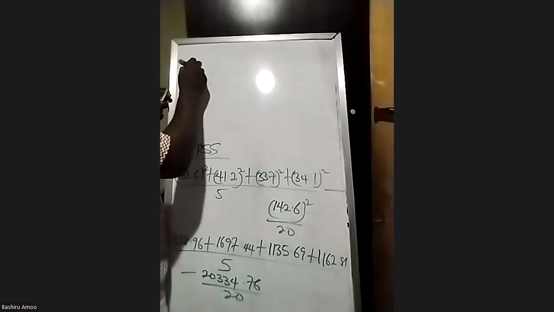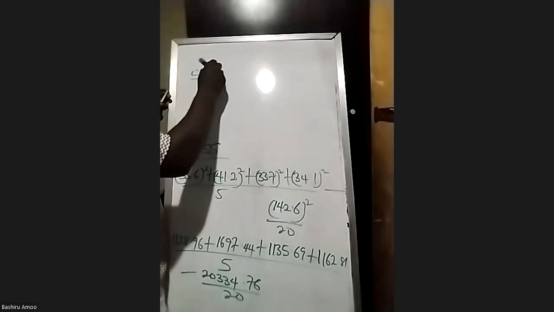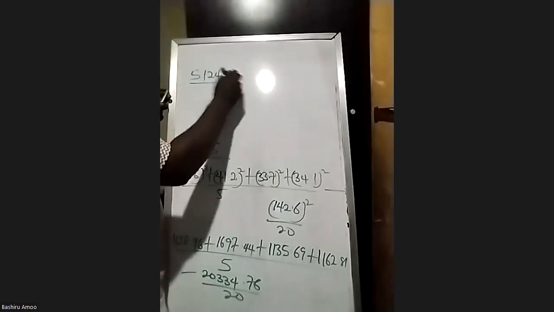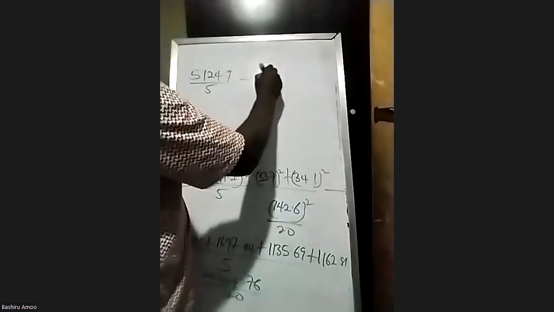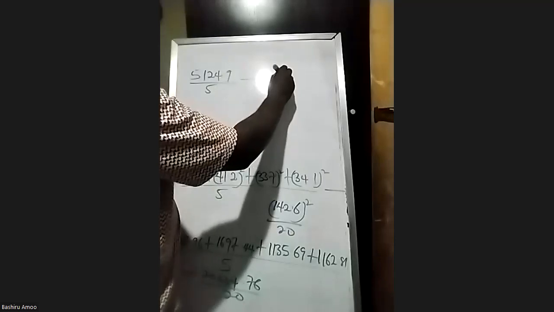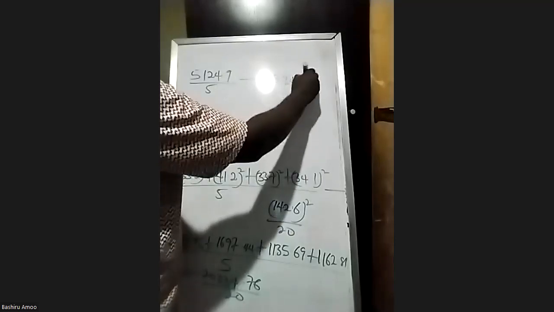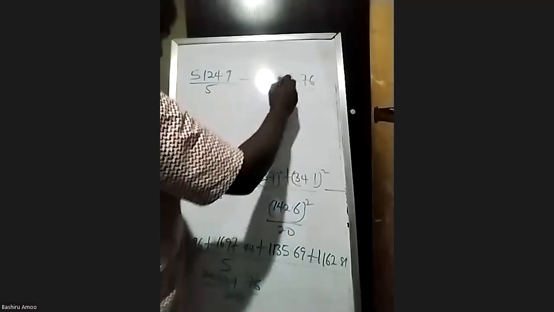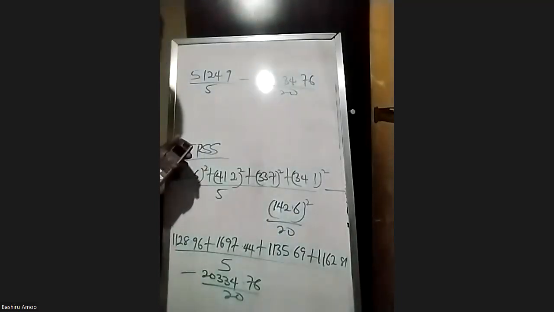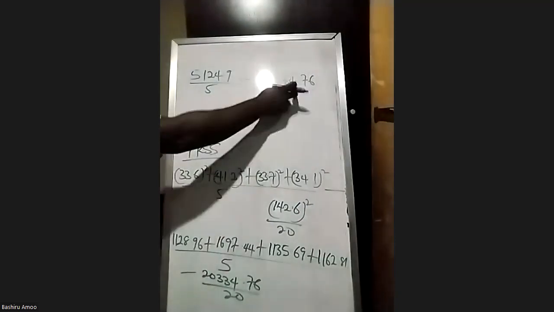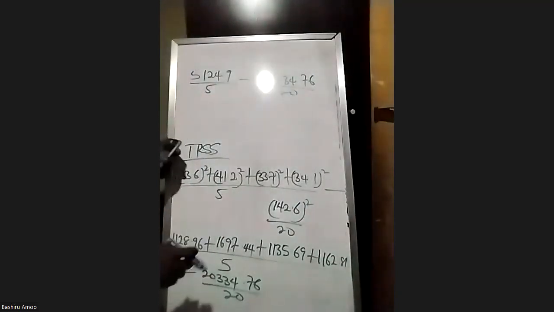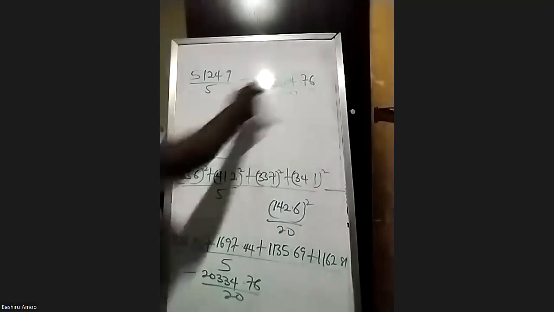Class, here I have that divided by 5, minus 2334.76 divided by what? 20. So I just carry this value here, class, because I know we have reflection there. I just carry this to the side.